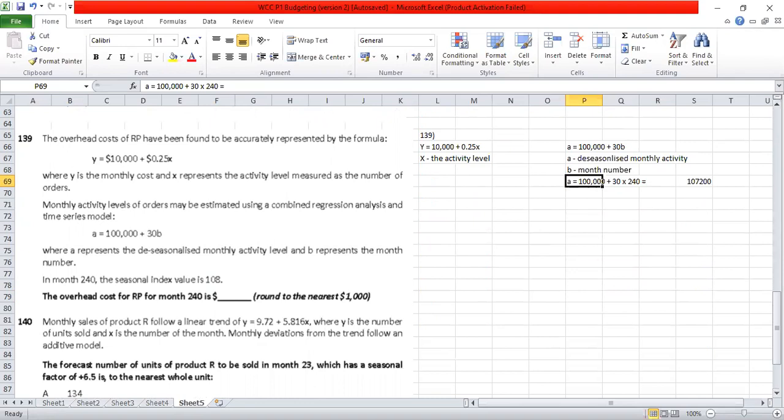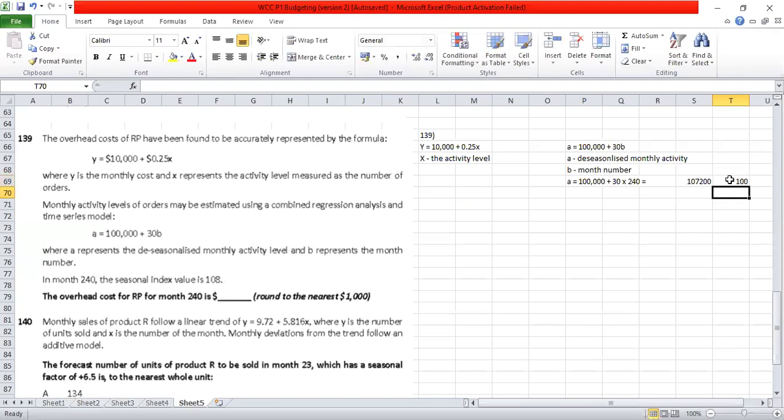The deseasonalized value without the index number should be taken at 100.